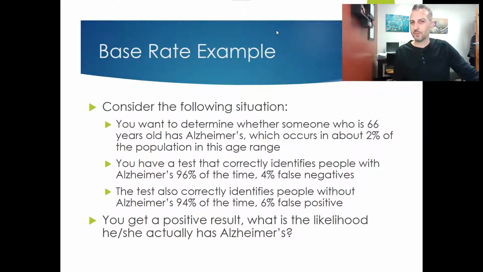You do a standard test where you ask every person. And imagine that you have a test that correctly identifies people with Alzheimer's 96% of the time, so it has 4% false negatives. And for those without Alzheimer's, it has a 6% false positive rate.